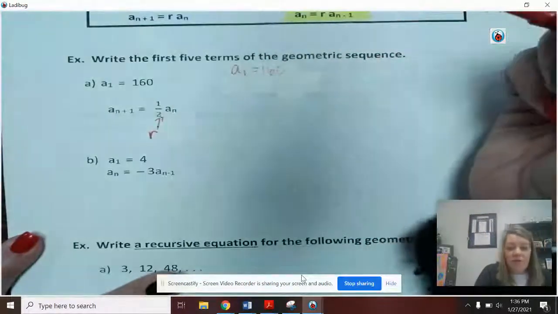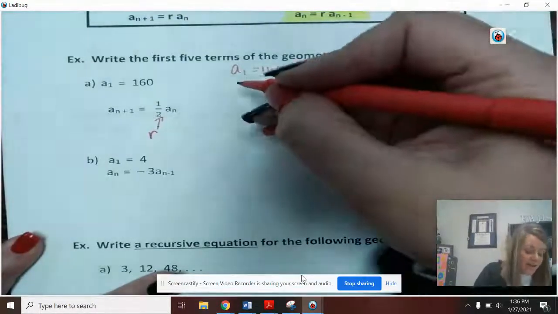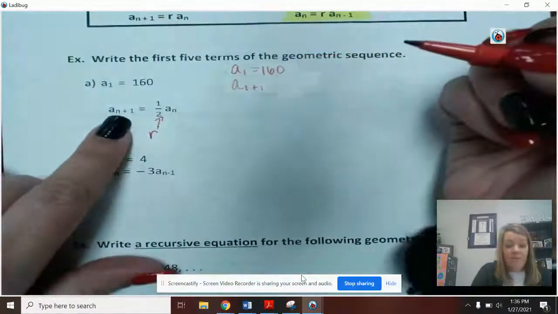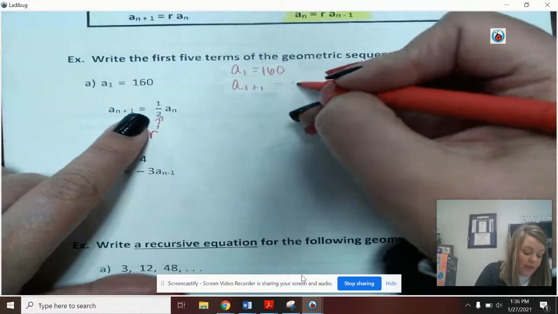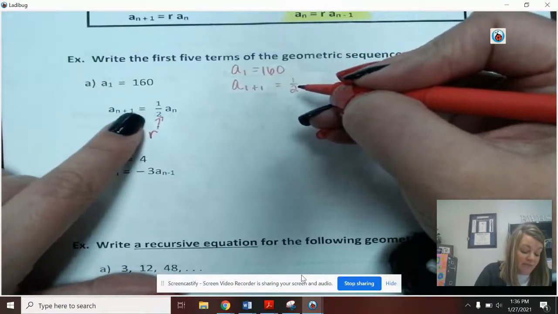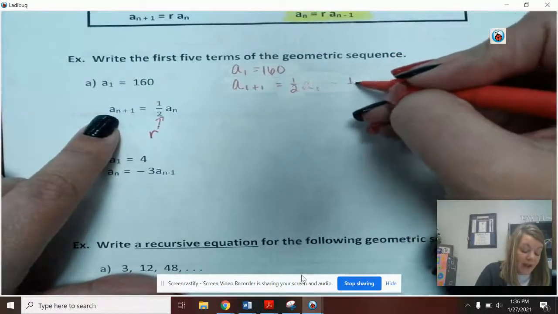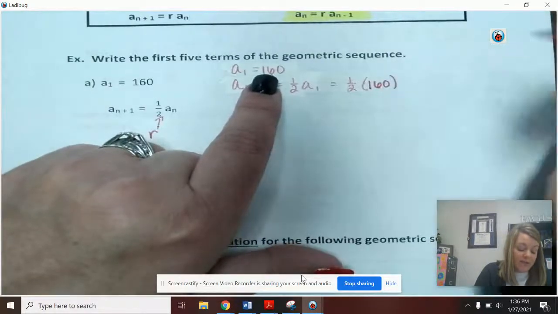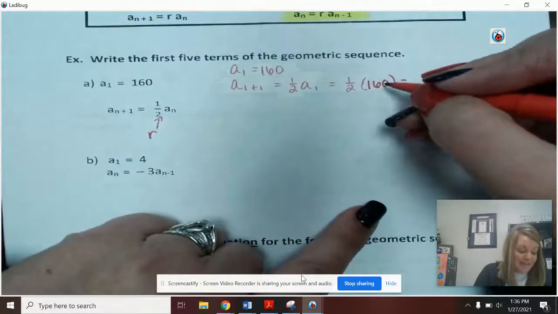Okay, so knowing that a sub 1 equals 160, I can do a sub 1 plus 1, which I'm getting from this formula right here, equals 1/2 a sub n, which a sub n without the plus 1 is just a sub 1. And I know that a sub 1 is 160, so I can fill that in. Well, half of 160 is 80.